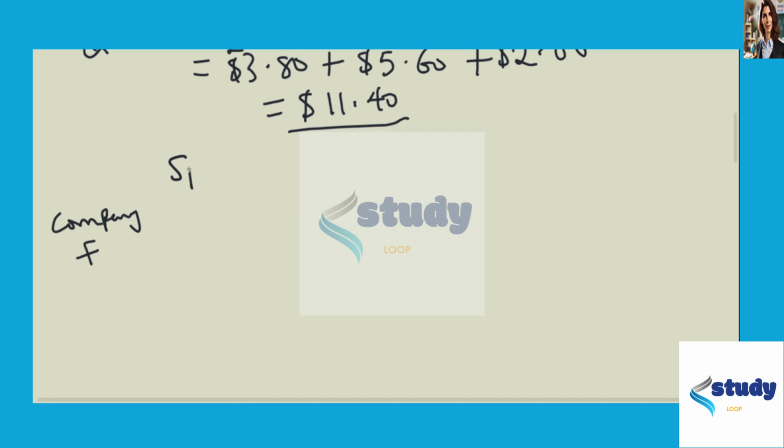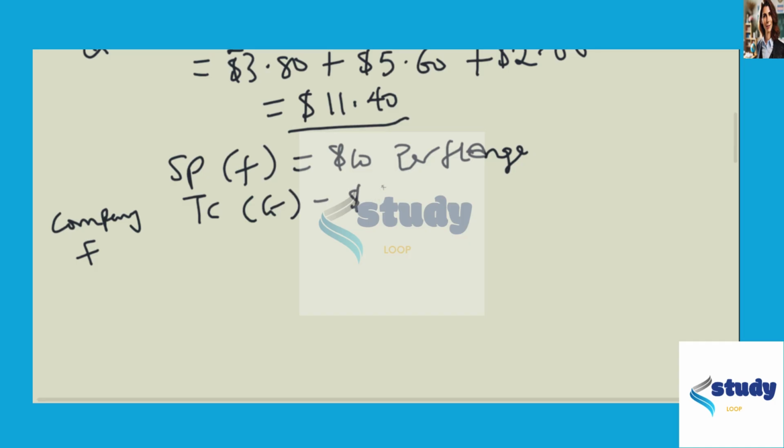The selling price of company F is $10 per flange, and the total cost per flange for company G is $11.40 per flange. Now company G cannot sell a flange for less than the selling price of company F because it cannot make a profit on the flange.